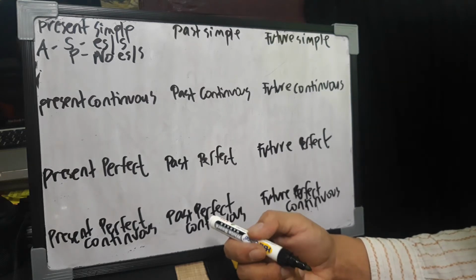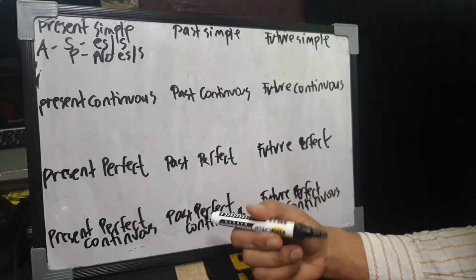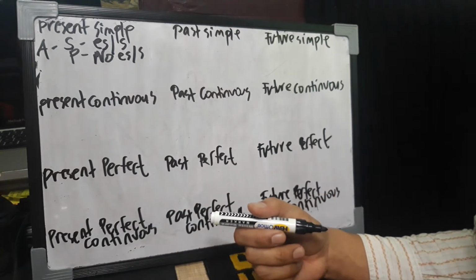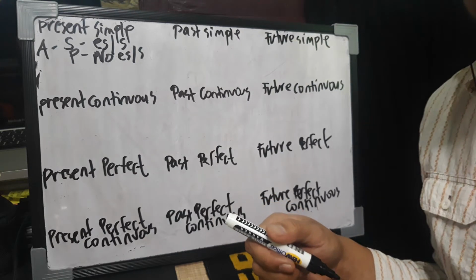And if it's plural, I guess everybody knows what is plural, it has two or more, then do not put s or es to the verb, and that is actually what we call the base form.